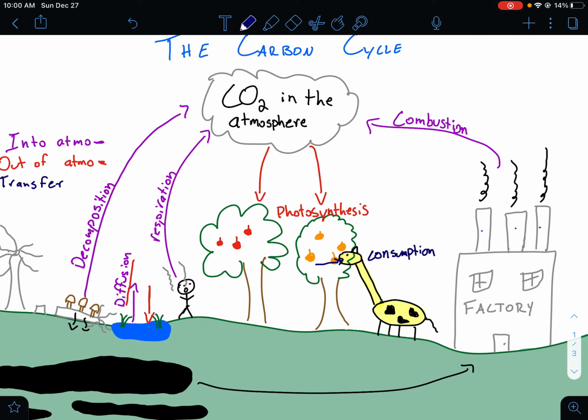Consumption is the process of eating, plant to animal or animal to animal. So that carbon is moving from the orange tree into the giraffe right there.